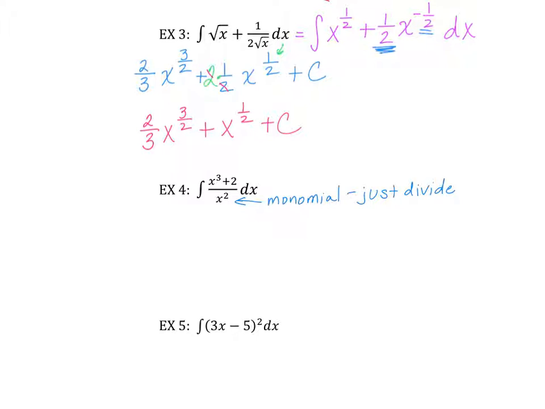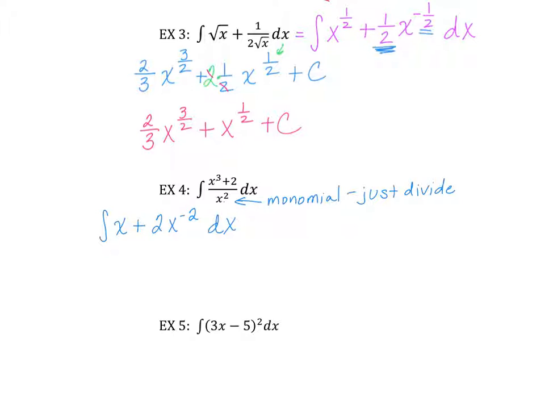So again, let me rewrite what this is really saying. x cubed divided by x squared is x to the first, plus 2 over x squared, or in other words, 2x to the negative 2. So that's really what I'm integrating.